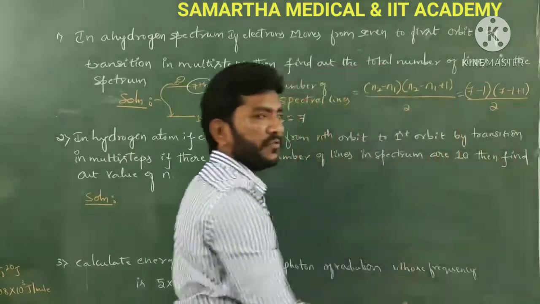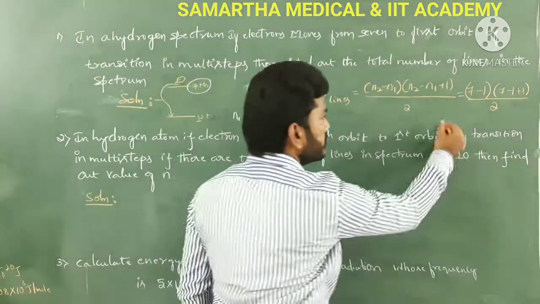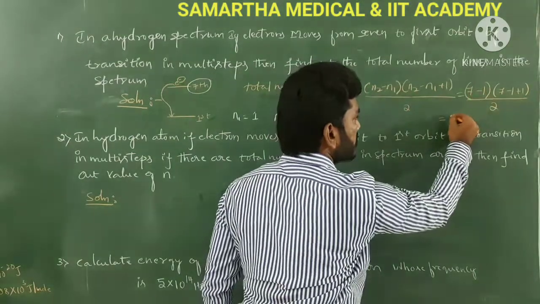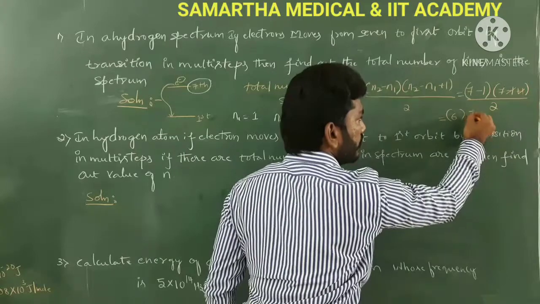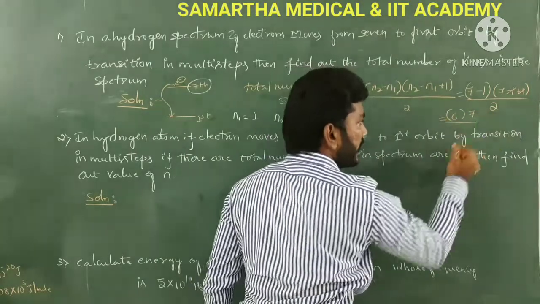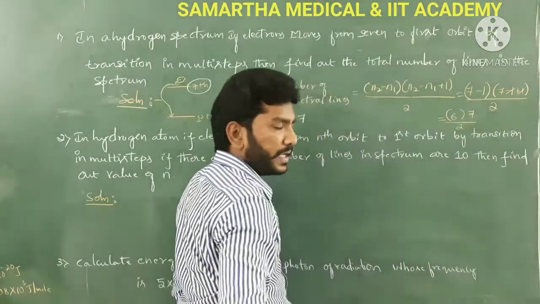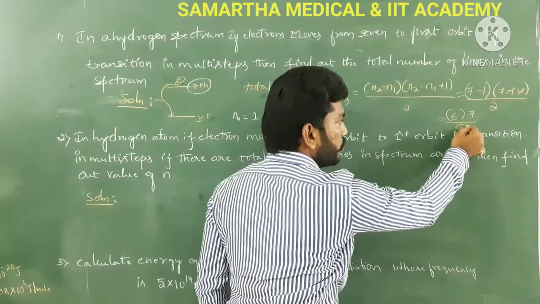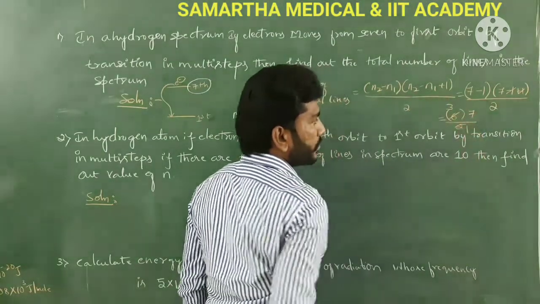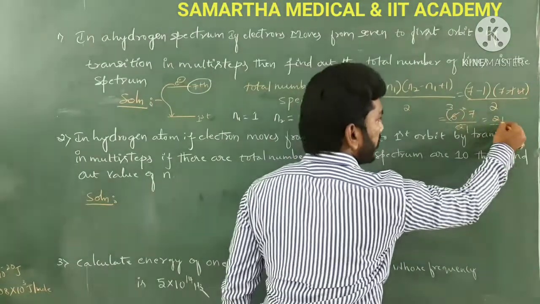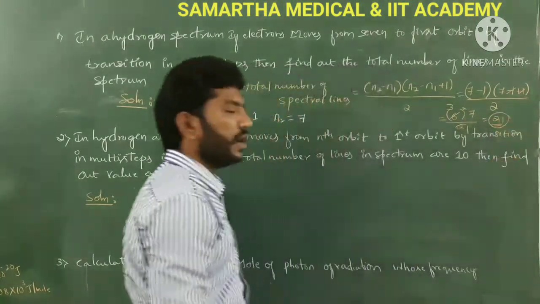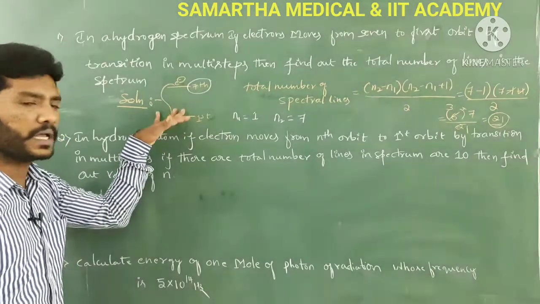Let's simplify now. We get 7 minus 1, which is 6, and minus 1 plus 1 gets cancelled. So 7 remains, and in the denominator 2 is there. Simplifying further, 2 ones are 2, 2 threes are 6, so ultimately the answer is 3 into 7, that is 21. So 21 is the answer for your very first numerical.